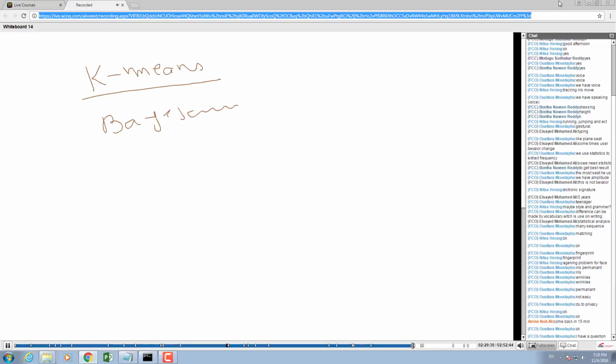You will see there are a lot of approaches of classification. Some of them are called k-means methods, some Bayesian approaches.